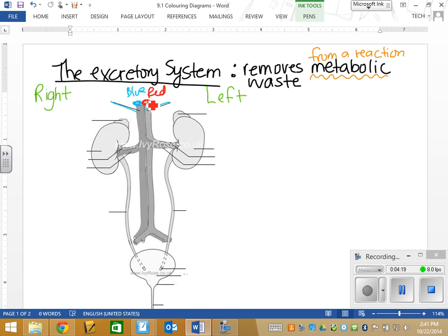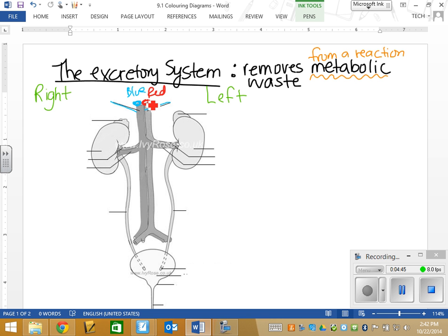Now that's fairly significant, and when we talk about your circulatory system, we'll talk about this even more. But we generally color blood vessels two different colors so that we can distinguish between arteries and veins. Does anyone know why we would color one of them blue and one of them red? Yes. Is that your hand up? Yeah? It's the other way around, but that's the right idea. We're talking about whether or not there's oxygen in them.